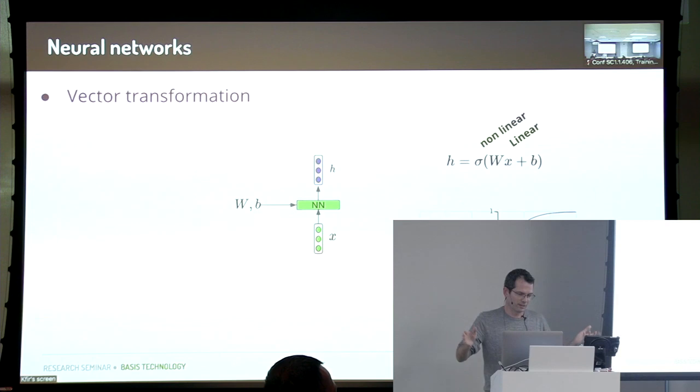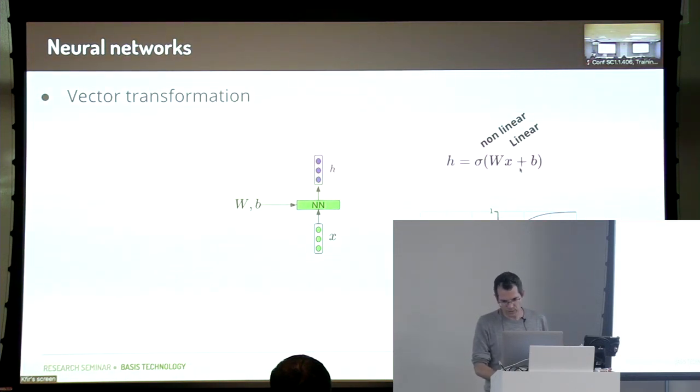Now, the most common transformation is just a linear transformation, right? It means that this W is actually a matrix, and X, we said, is a vector, so it's a matrix multiplication, and then we add another vector, which is another parameter of the model, the bias vector. It doesn't depend on the input vector.